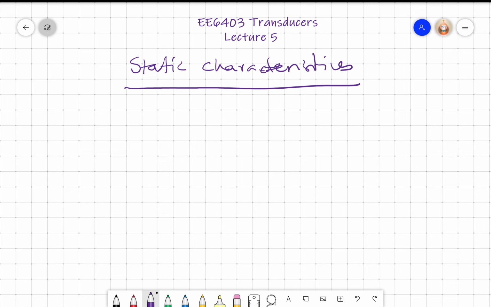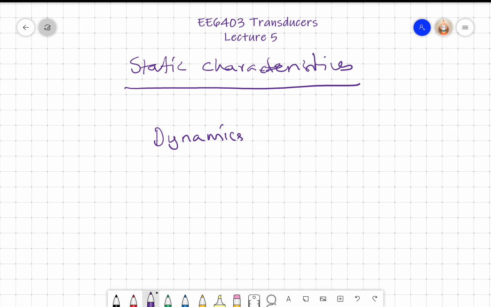In the static characteristics, we talked about the resolution, the full scale, the sensitivity, the overload factor, accuracy, and precision.